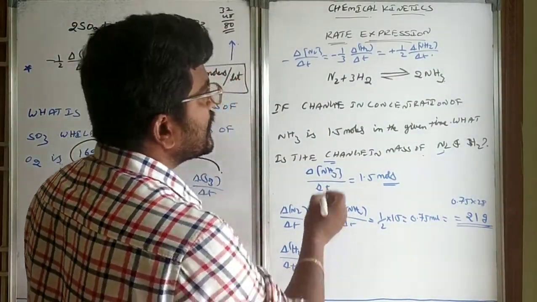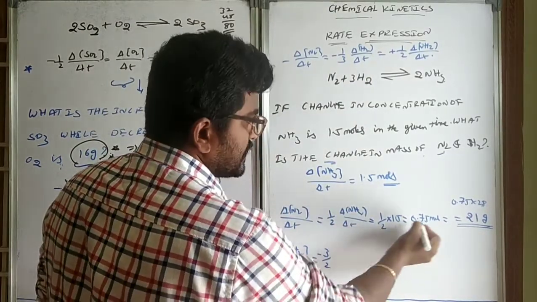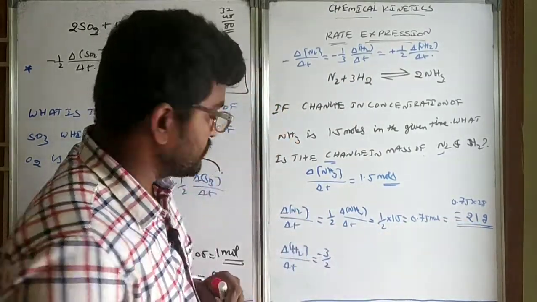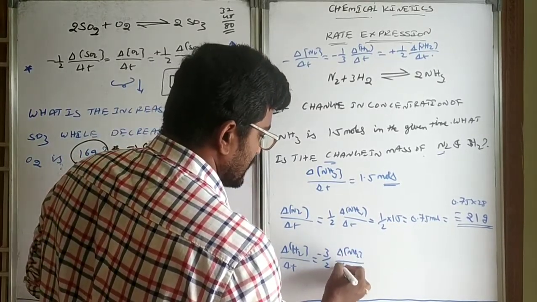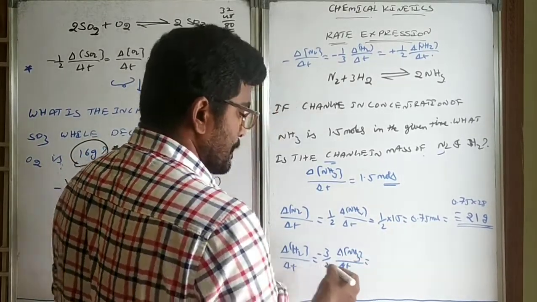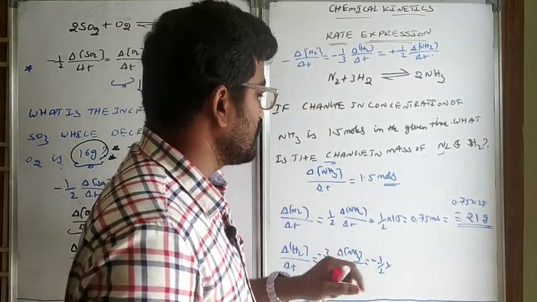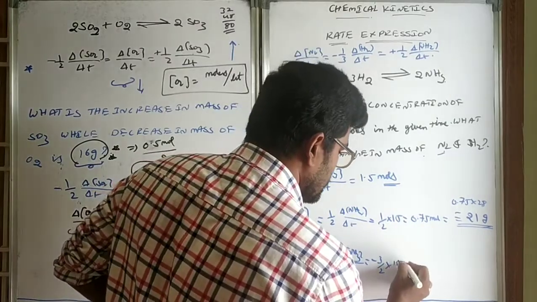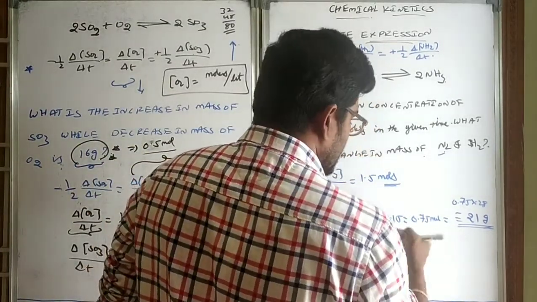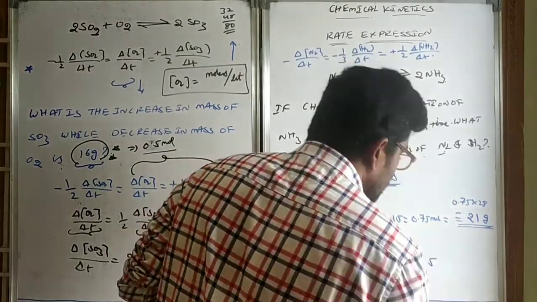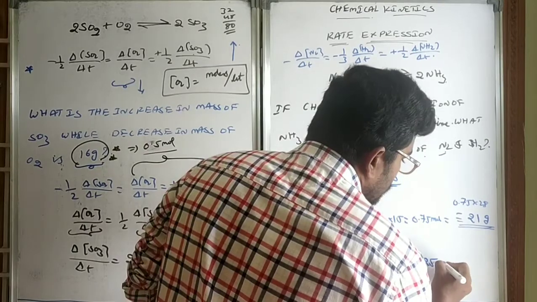For delta H2 by delta T, the 3 goes there, so it will be 3 by 2, and since it decreases, a minus sign will come: minus 3 by 2 into delta NH3 by delta T. Minus 3 by 2 into 1.5 gives 0.75 into 3, that is 2.25 moles.